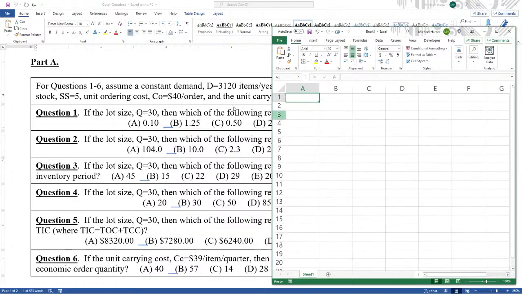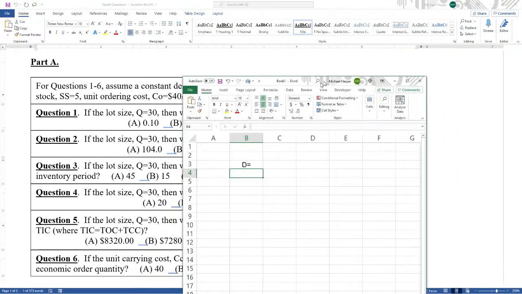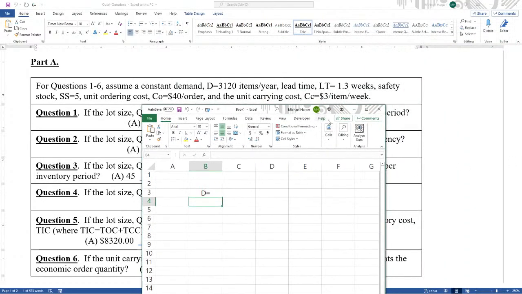We're going to have the demand, then let's go down the list: lead time equals, the safety stock equals, the unit ordering cost, C sub O, equals, and C sub C equals.